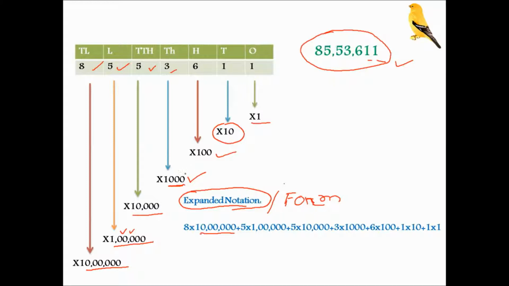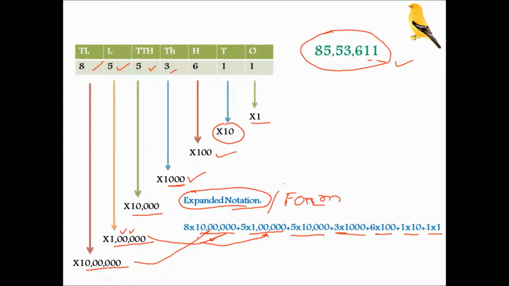So we will denote the expanded form in this manner: 8 into 10 lakh plus 5 into 1 lakh, then 5 into 10,000, 3 into 1000, 6 into 100, plus 1 into 10 plus 1 into 1.